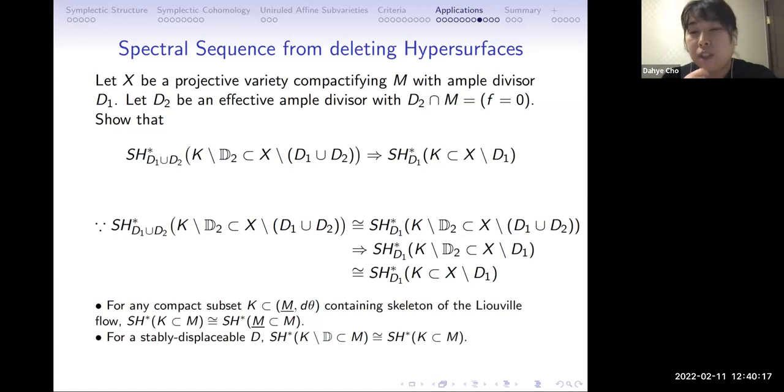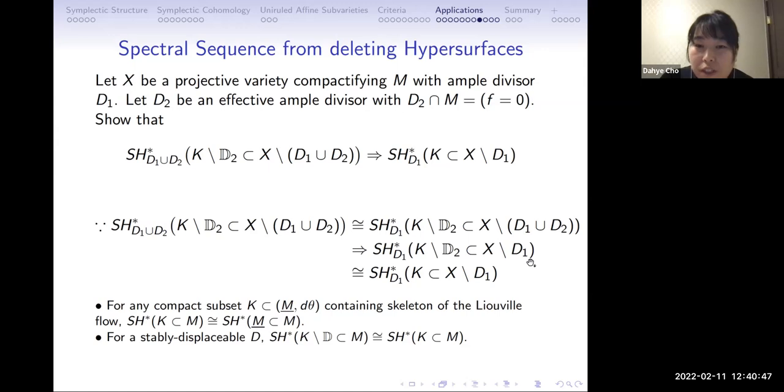The winding number means we project our affine variety M down to C using the polynomial map F. Then our orbits project down to C and we count winding number along the origin.